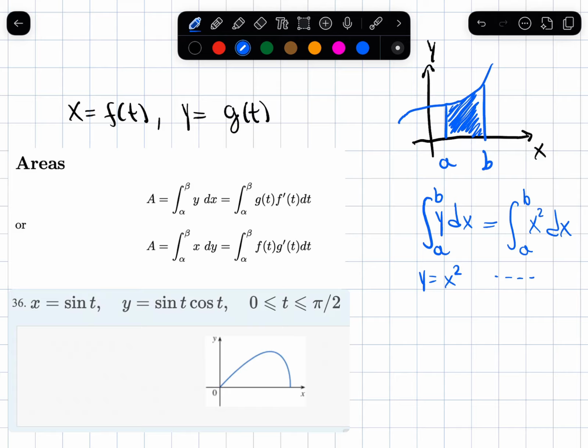That's fine. However, if you have x given as a function of t and y also given as a function of t, then you can't find antiderivatives directly, because your integral won't be with respect to x. But with a u substitution, you can simply do this.